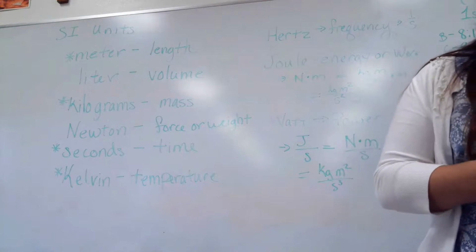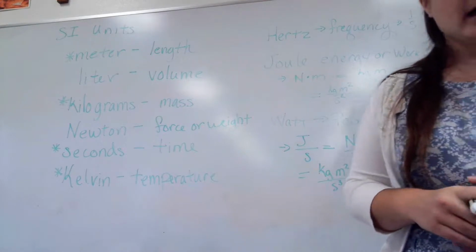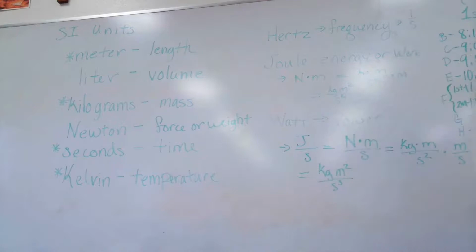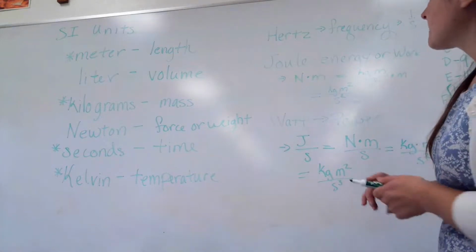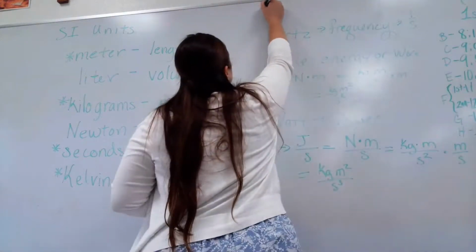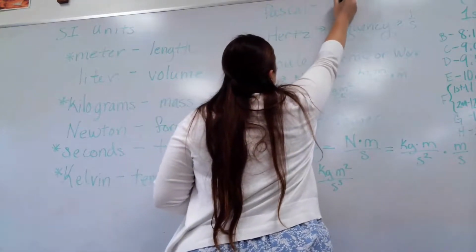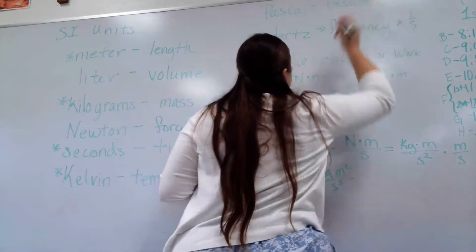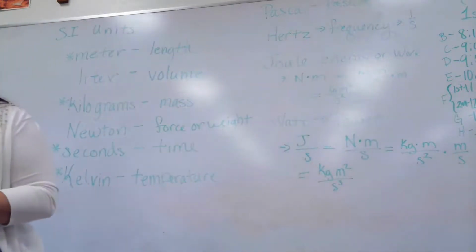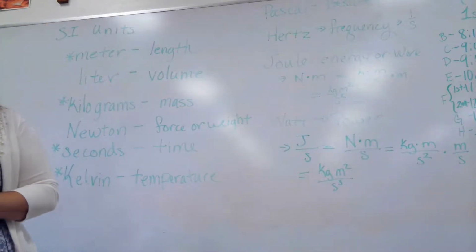Alrighty. So, Pascal, I will write down on the off chance we do make it there. It is a unit of pressure. Okay, so Pascal's is a unit of pressure.